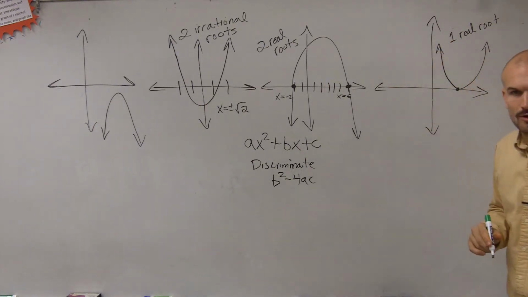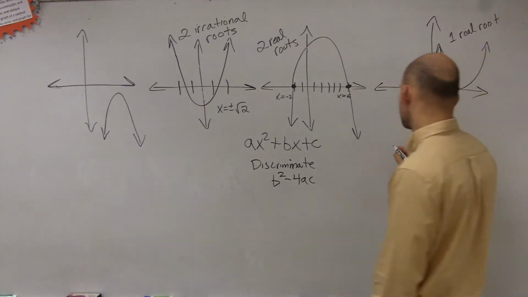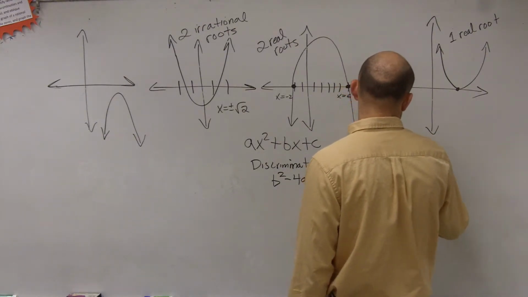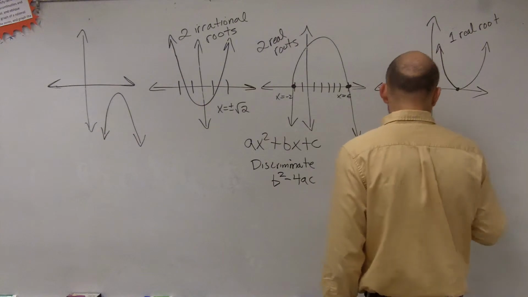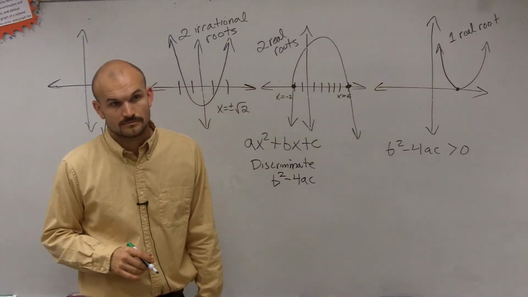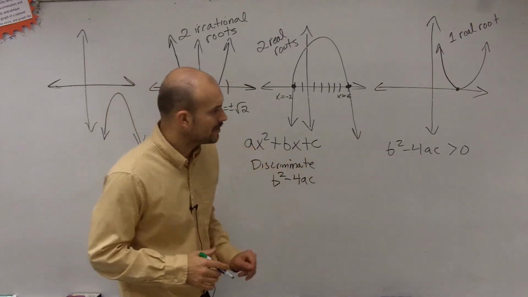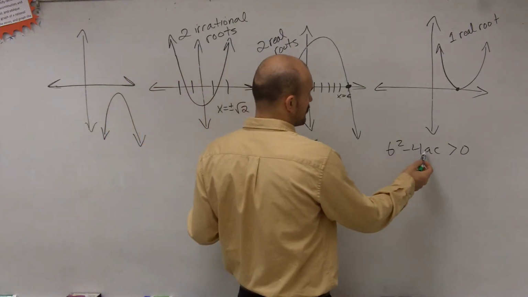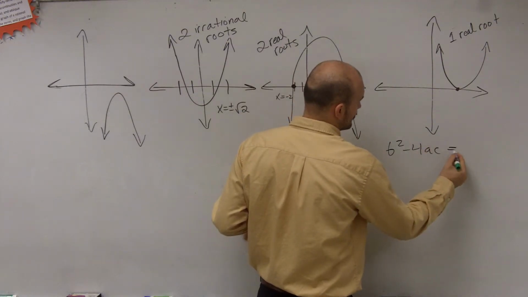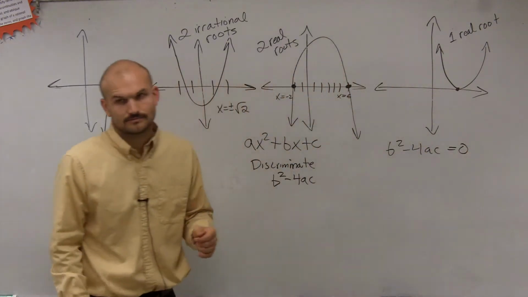So when you have one real root, here's what your answer is going to be for your discriminant. Well, actually, when it's going to be one real root, you're going to have b squared minus 4 times a times c equal to 0.